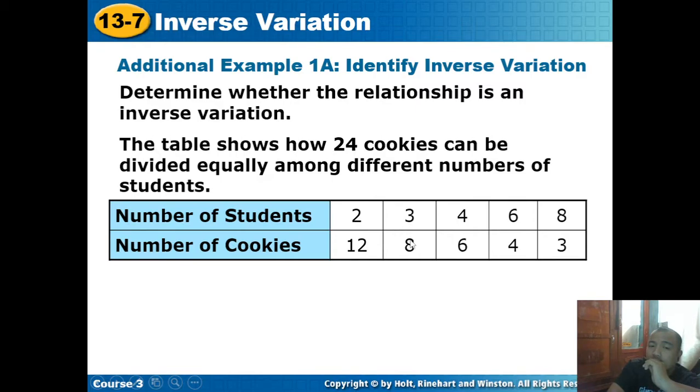If there are 3 students, 8 cookies. 4 students, 6 cookies. 6 students, 4 cookies. 8 students, 3 cookies. As you can see, as x increases, 2, 3, 4, 6, 8, the number of cookies decreases: 12, 8, 6, 4, 3. So this is an example of an inverse variation.